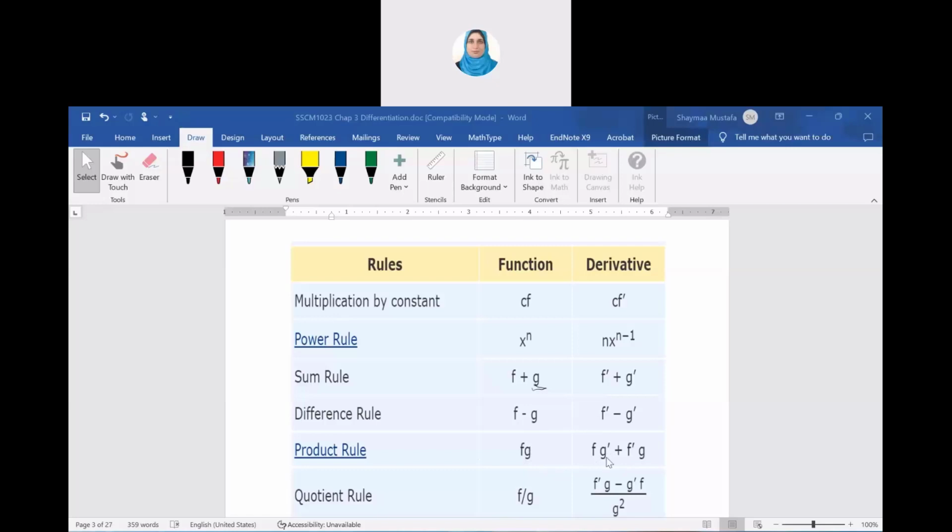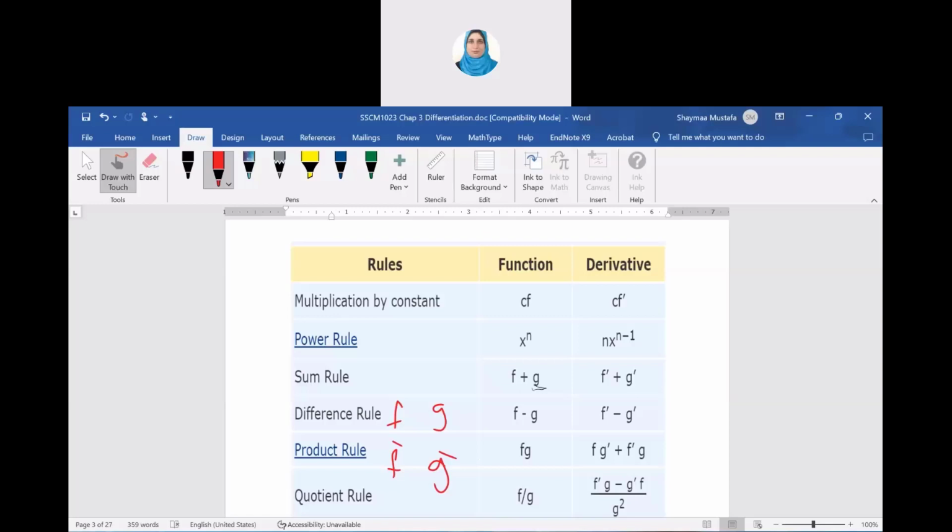No, we have to apply what we call the product rule. So if you have a function f and a function g, you need to find f prime, the derivative for f, and g prime, the derivative for g.